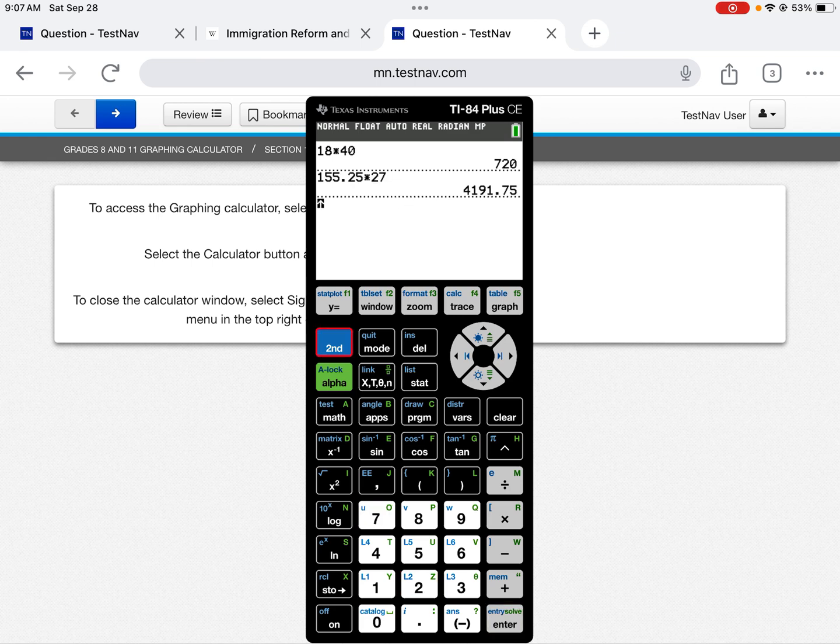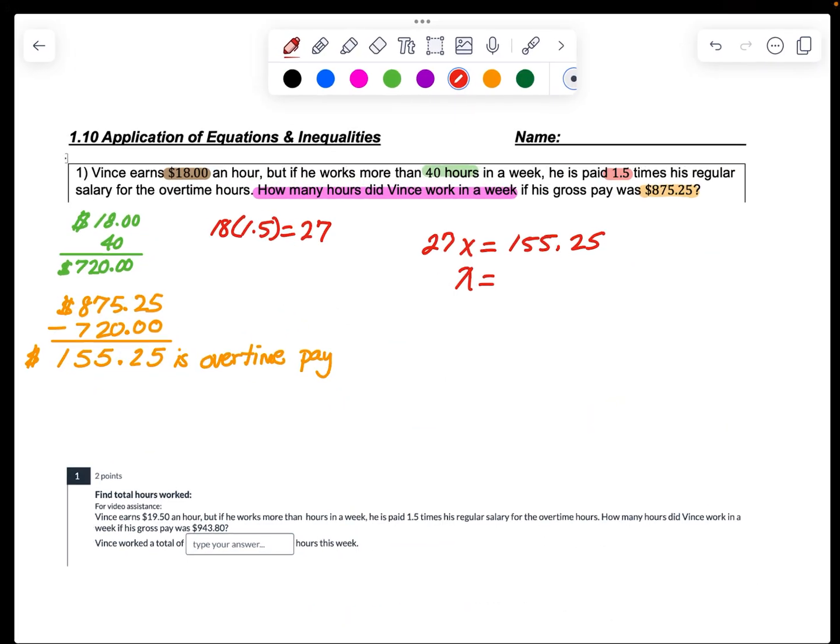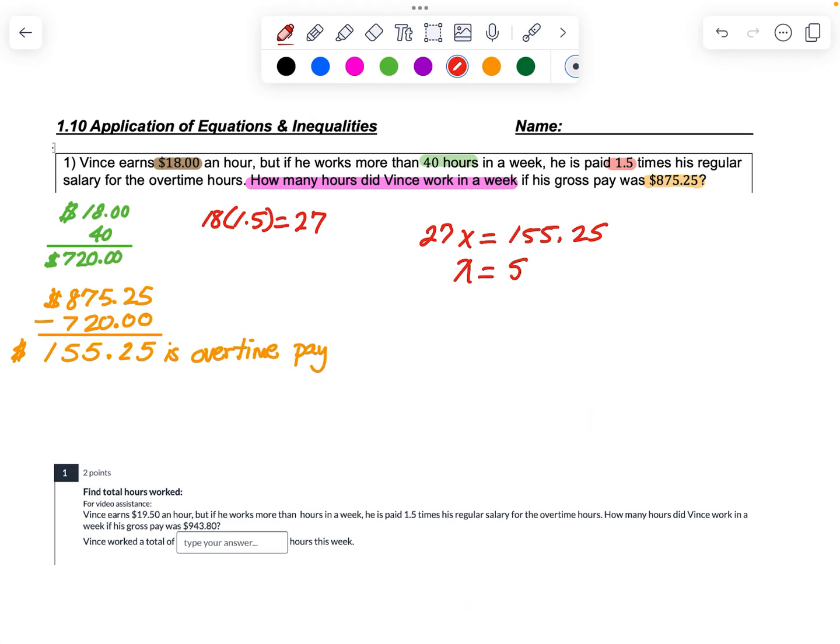155.25 divided by 27 is 5.75. So that translates to 5.75 overtime hours.